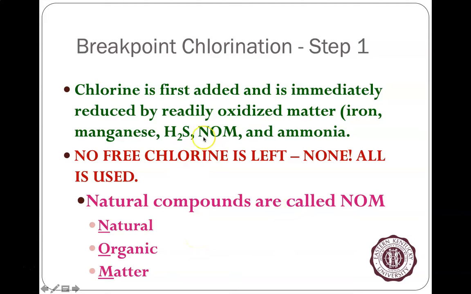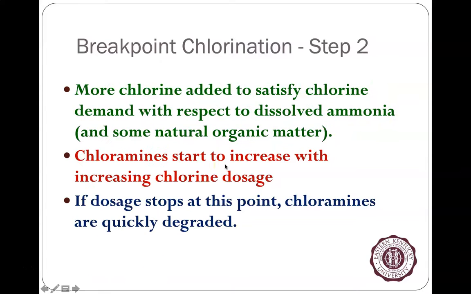All right, so breakpoint chlorination, step 1. We add the chlorine, and it rapidly reacts, and no free chlorine and no chlorine residual is left. Step 2, as more chlorine is added to satisfy the demand, particularly with respect to the ammonia in the water and some natural organic matter, we will form chloramines.